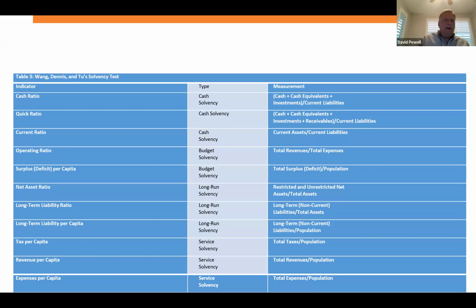Fiscal solvency is not just about, yes, they brought in more revenue than they spent, because there are a lot of ways that cities can artificially inflate their revenue to avoid the appearance of a deficit. So I would like you to use 2 or 3 of these indicators and calculate them. You don't have to compare them to any other cities, but calculate them to give you a little insight into the fiscal solvency of your city in answering that 7th question on the post-instructional assignment.